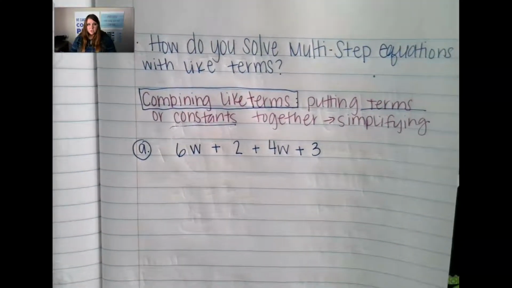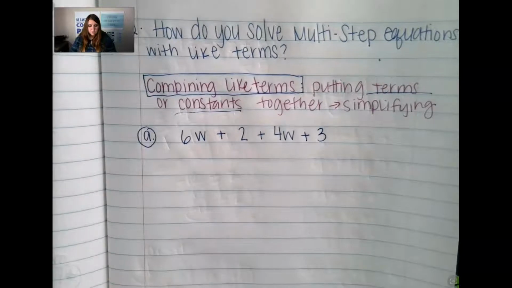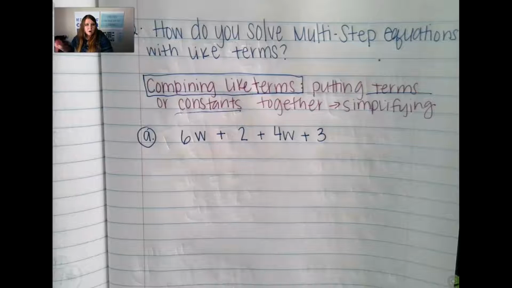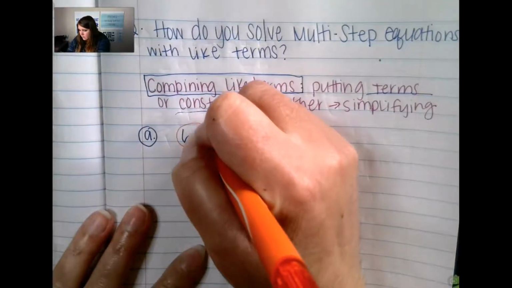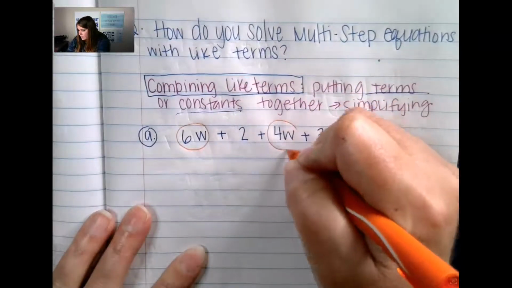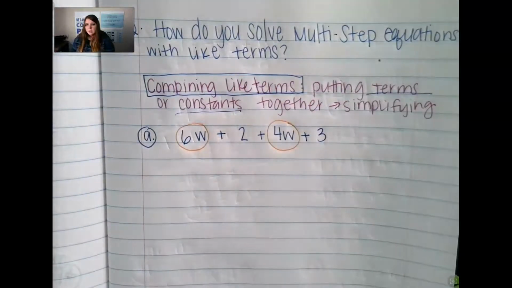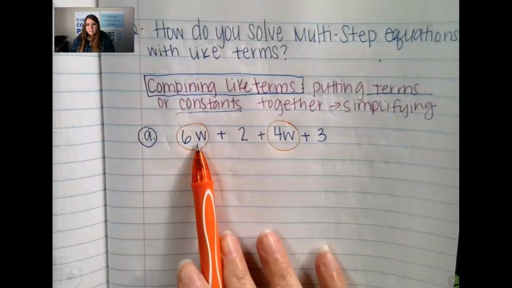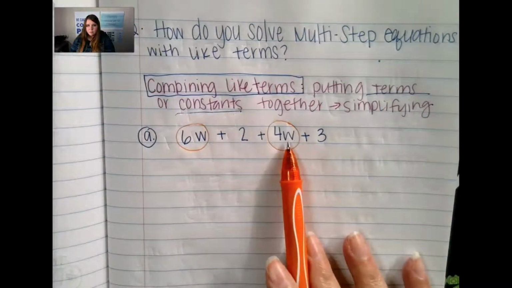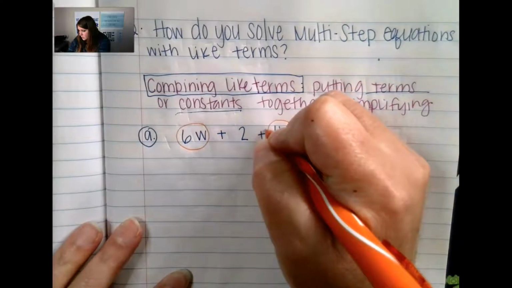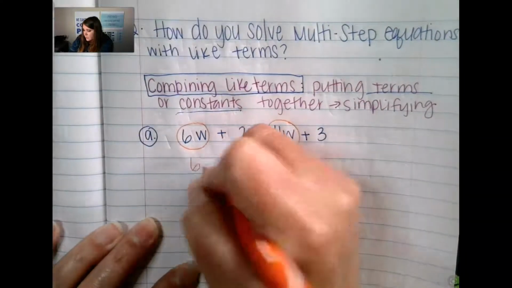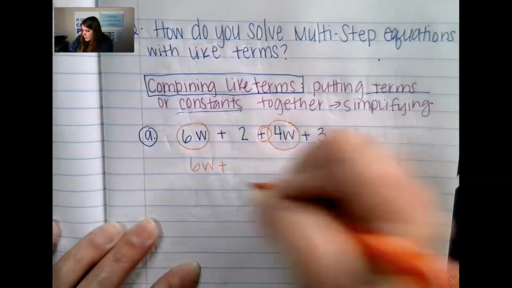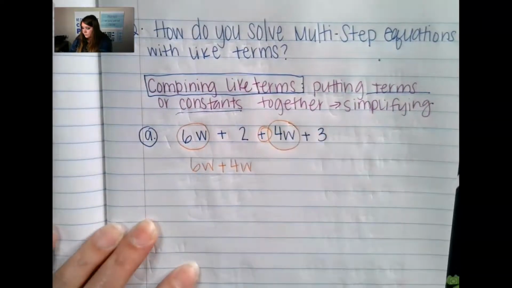I would go through and find the things that are the same. I have a w on this one and a w on this one, so I would put together the 6w and the 4w, and I forgot to circle that plus sign, that goes with that. So I would do 6w plus 4w.